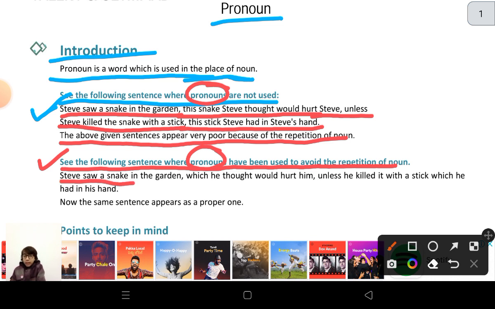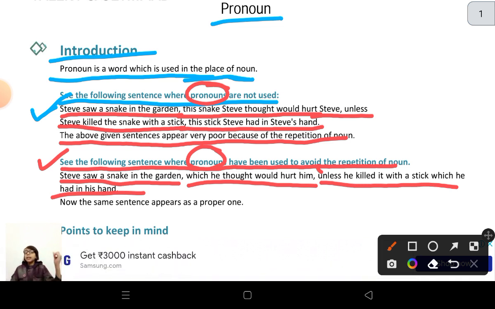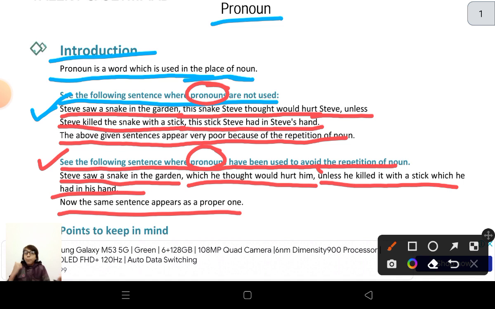Steve saw a snake in the garden which he thought would hurt him unless he killed it with a stick which he had in his hand. Steve killed the snake with a stick which he had in his hand. Understood? Now the sentence appears proper.